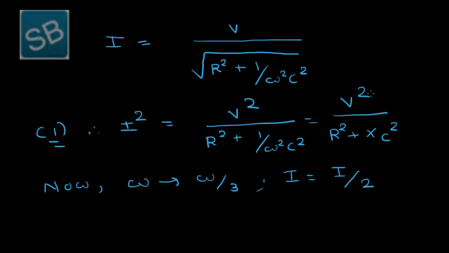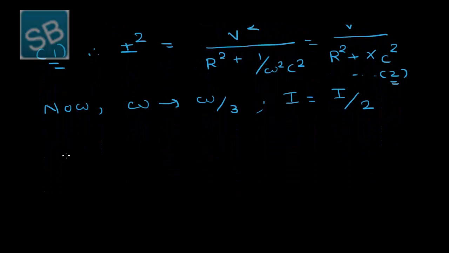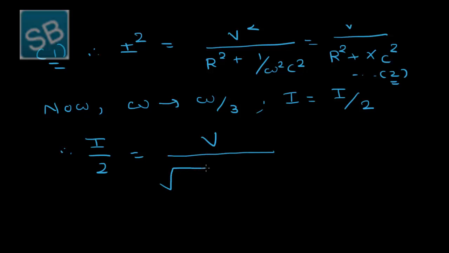I am taking this as equation number 1, this is my equation number 2, and so from equation 1, instead of I, now I am writing I by 2 is equal to V over the square root of R square plus 1 upon omega square C square. But here, the value of omega is changed to omega by 3, and hence now I can put directly the square of this omega by 3, that is omega square by 9, in this value.